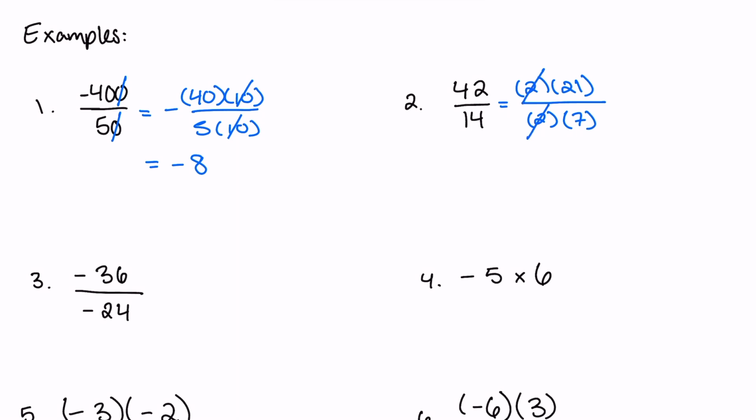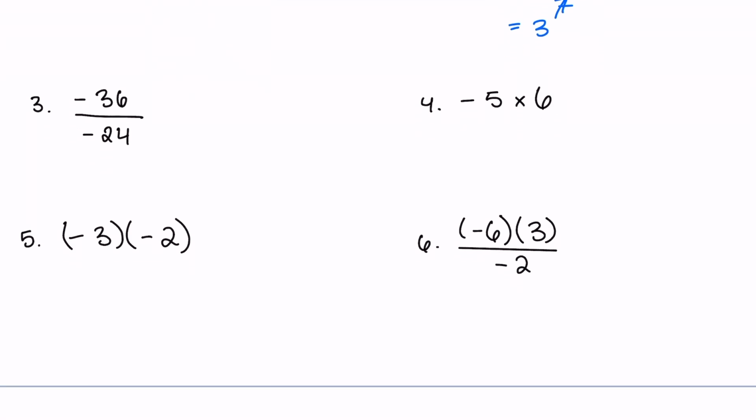And if you notice, 21 is also a multiple of 7. So we can rewrite 21 over 7 as 7 times 3, and then we have the remaining 7 in the denominator. So these 7's divide out to make 1. That leaves us with a 3 in the numerator, and so our answer is 3.